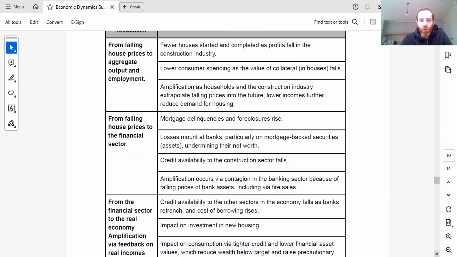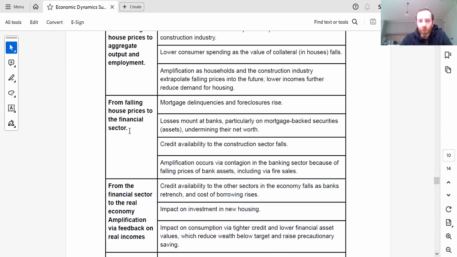Now, the next channel: falling house prices and the financial sector. Typically, banks are the ones who give out mortgages so that people can buy houses. Why are we going to get mortgage delinquencies and foreclosures rising?